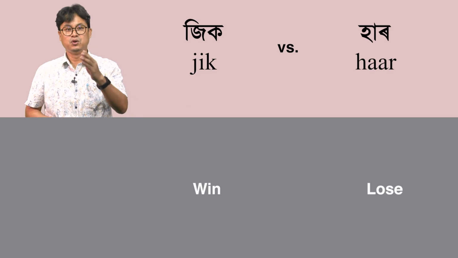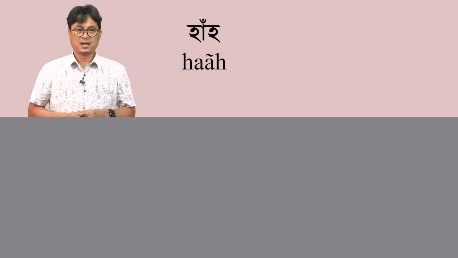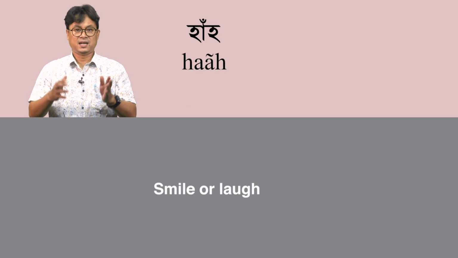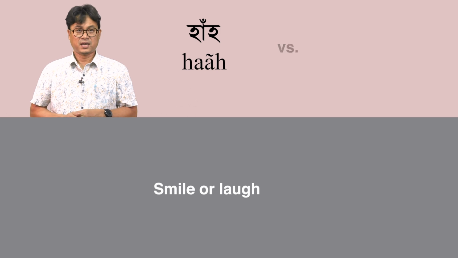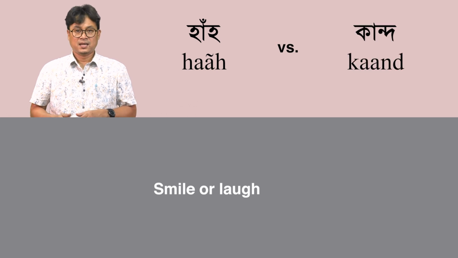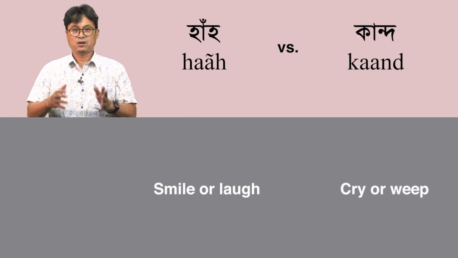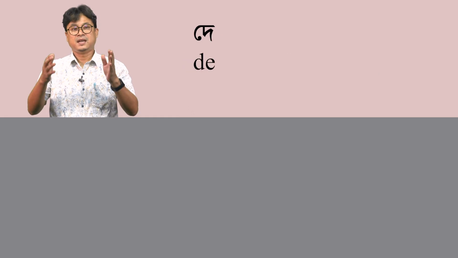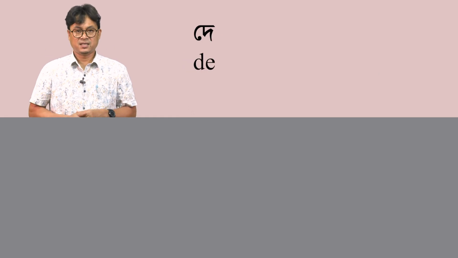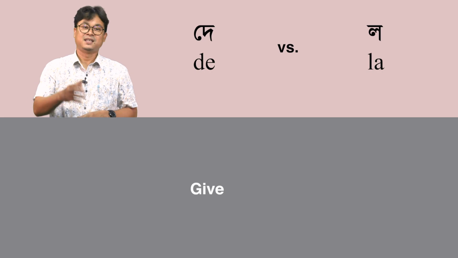Har means lose. Ha means smile or laugh versus kand. Kand means cry or weep. And de means give versus lo. Lo means take. These verb antonyms are extremely important in daily conversation.